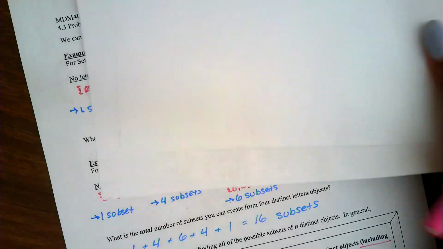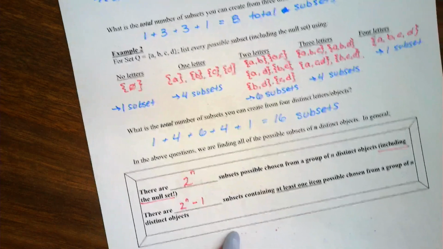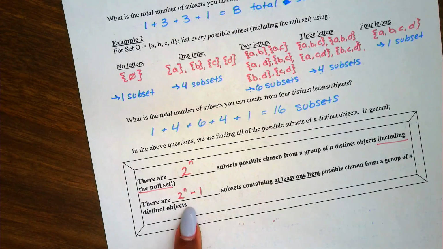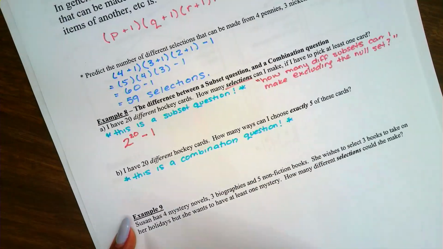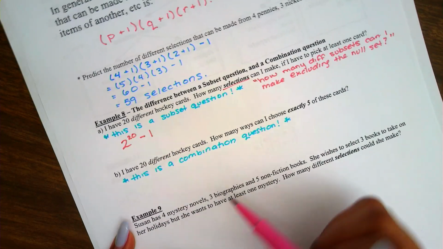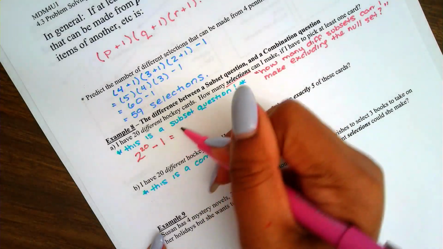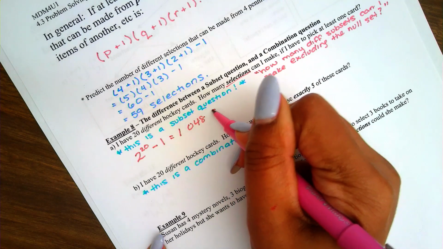If we go back to the first page here, it says there are 2 to the n subsets possible chosen from a group of n distinct objects, including the null set. If we're excluding the null set, we do 2 to the n minus 1. So here, our set is 20 items. We want to know how many different subsets we can make. Well, we can make 2 to the 20 subsets, but we're not including the null set, so we take away 1. And we get 1,048,575.